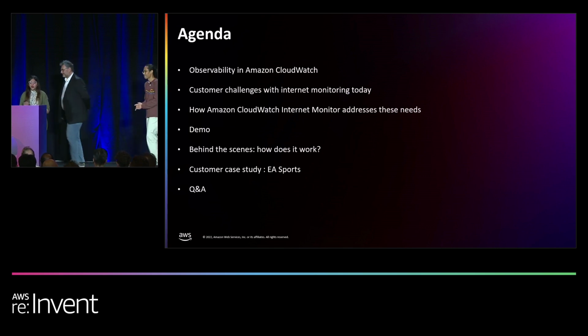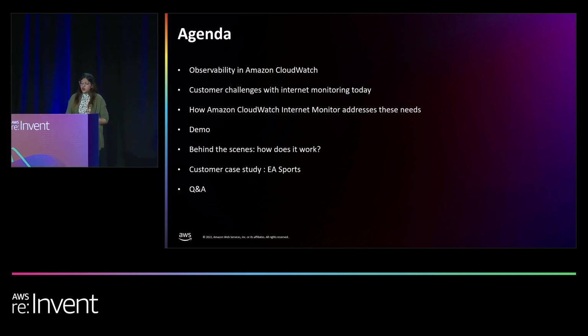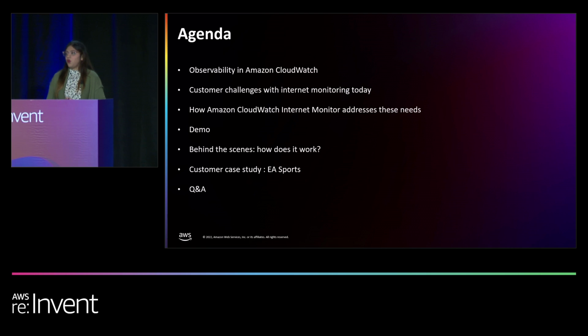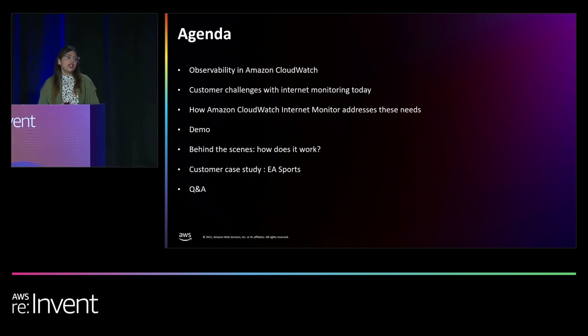So here's what you can expect in the next 1 hour. I'll do a quick refresher on observability in CloudWatch before we start diving deep on internet monitoring. We'll then take a look into common customer challenges with internet monitoring today, and then I'll cover the value that you will get as a customer of Amazon CloudWatch Internet Monitor, followed by a demo.